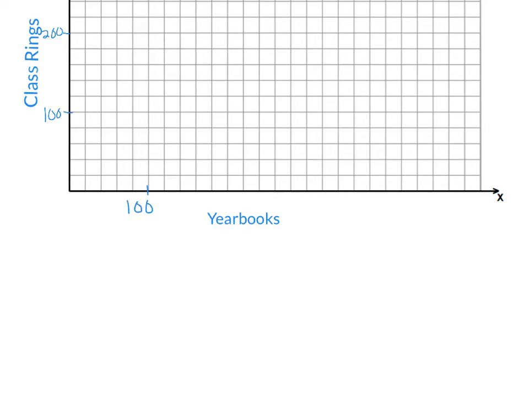You don't have to have them the same, but then you have to really be careful with your slope. So it just makes more sense to have them the same. 300. 1, 2, 3, 4, 400, and then 500.